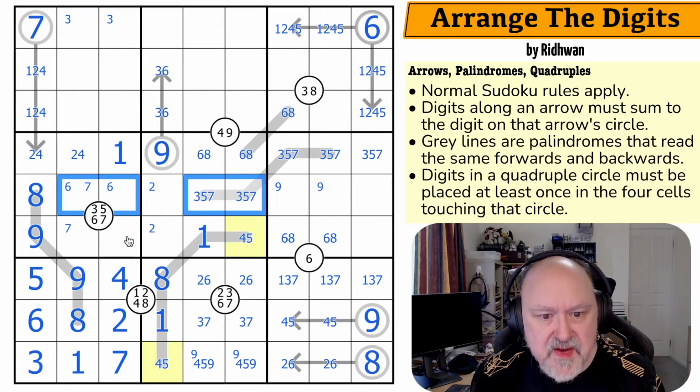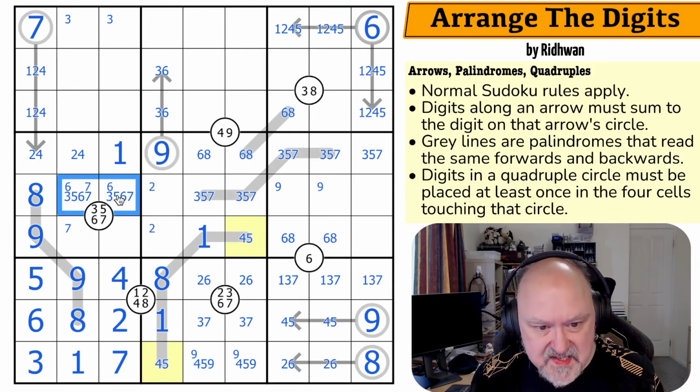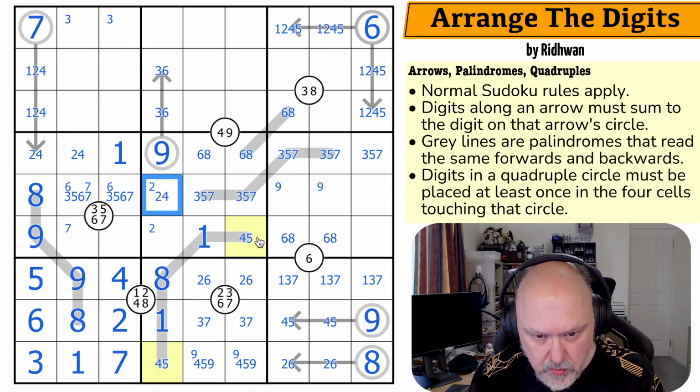This is a 3, 5, 6, 7 quadruple because 3, 5, 7 is here and this is from 3, 5, 6, 7. So that is a 3, 5, 6, 7 quadruple. So what can this be? Can't be 1, it could be 2, can't be 3, could be 4, can't be 5, 6, 7, 8 or 9.